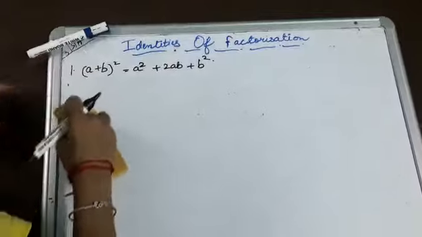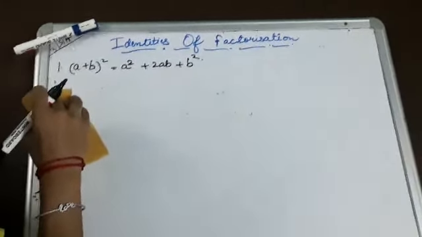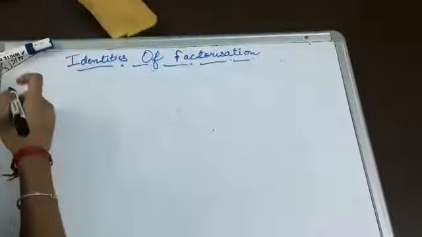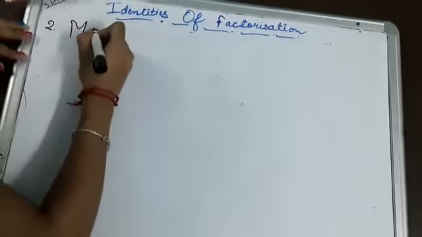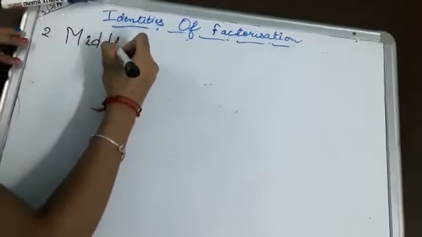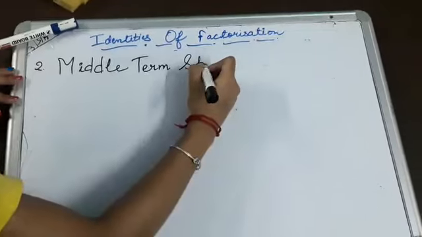Now we come to our next method of factorization, that is middle term splitting.